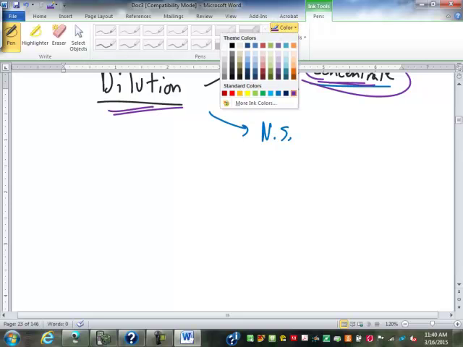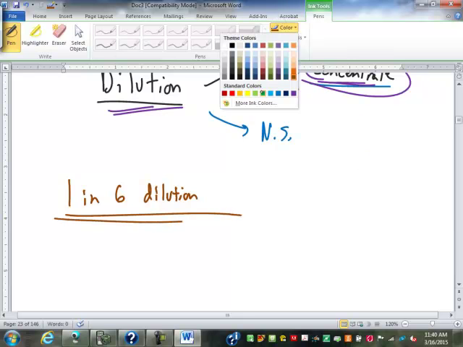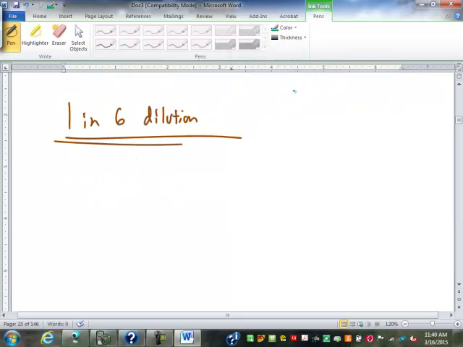So in a dilution, let's say that we are given that we have a 1 in 6 dilution. The 1 in 6 is expressing a ratio. And I'm going to write it as a fraction like this, 1 in 6. The 1 represents the serum or the concentrate. So for dilutions, when I write serum, I'm referring to serum or concentrate.